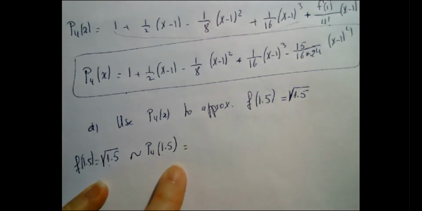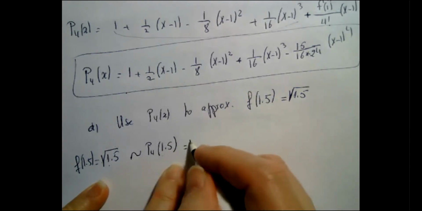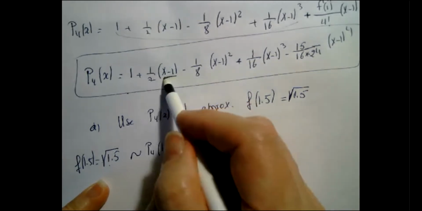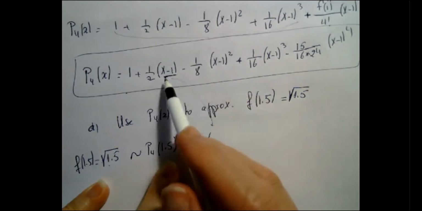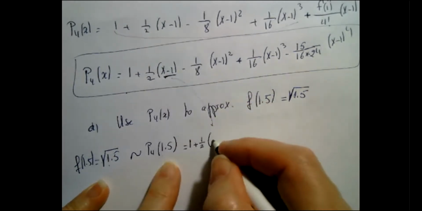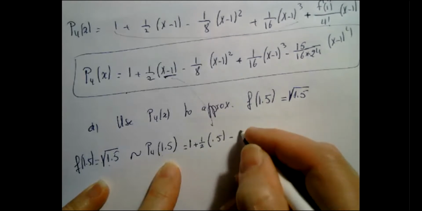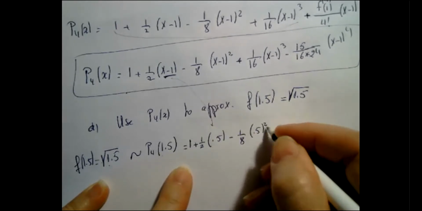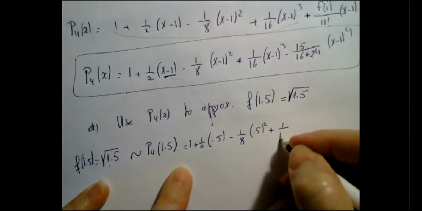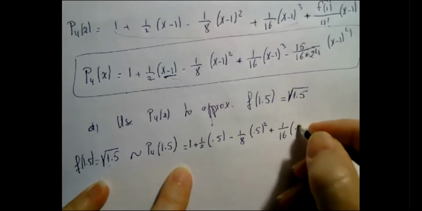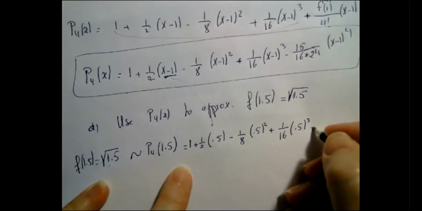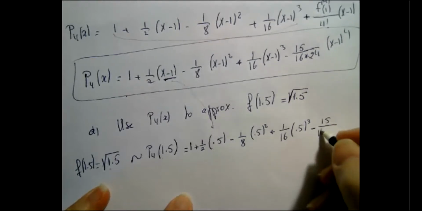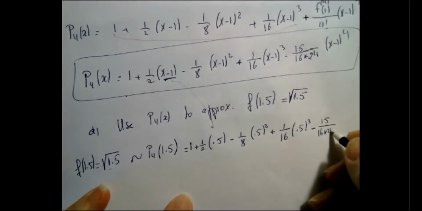So this is equal to what? It means I plug 1.5 into the expression of the polynomial. So I plug it in here: 0.5 minus 1 over 8, 0.5 to the power 3 minus 15 over 16 times 24, to the power 4.